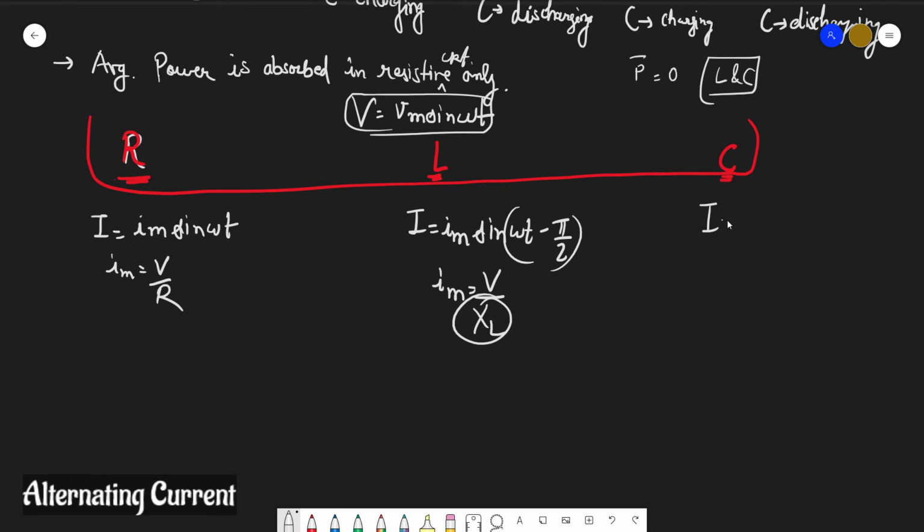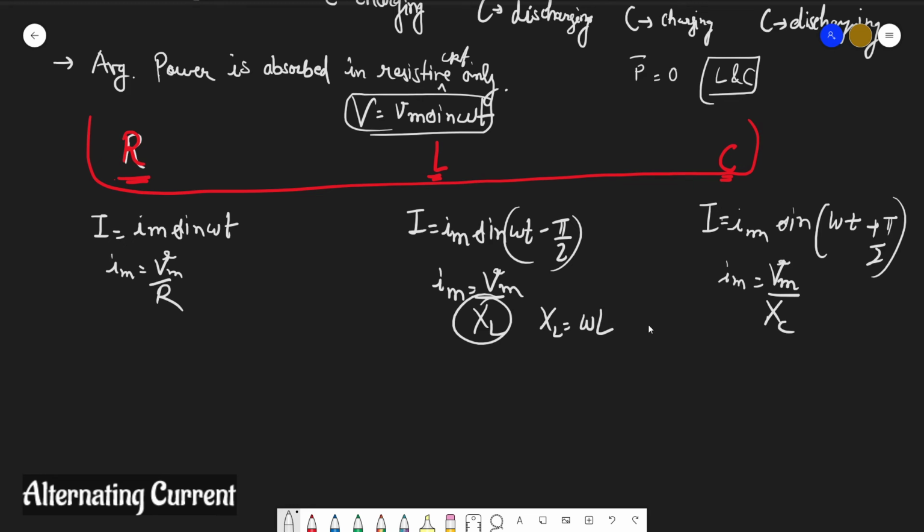Similarly, the current here is Im sine of omega t plus pi by 2. Current was leading in this case, where Im was Vm, the maximum value of voltage, by Xc. XL was omega L, and here Xc was 1 by omega C.